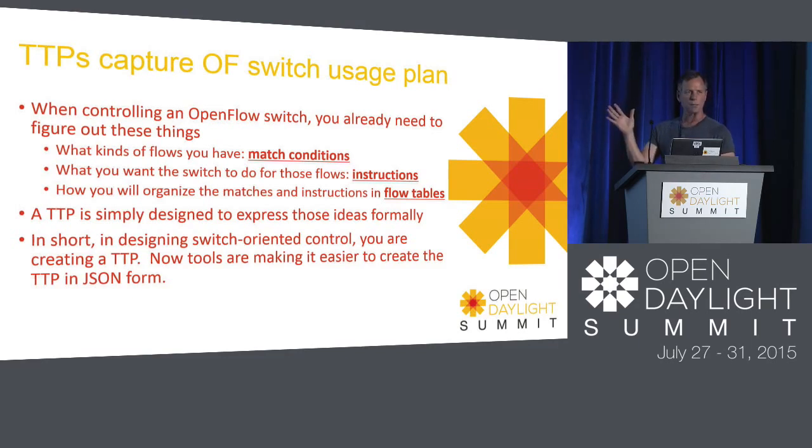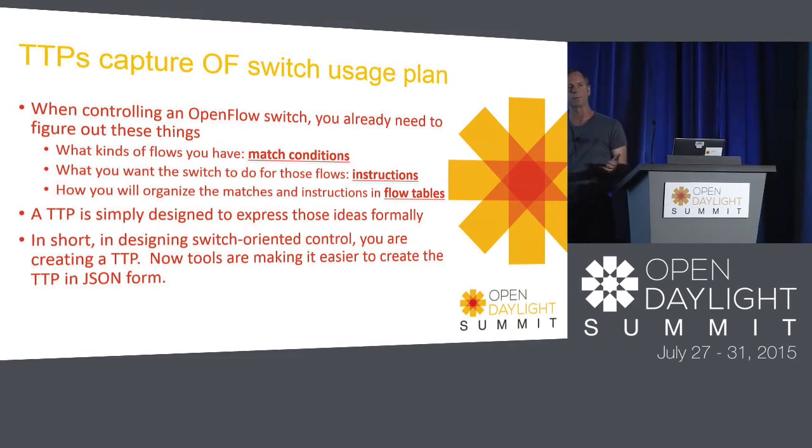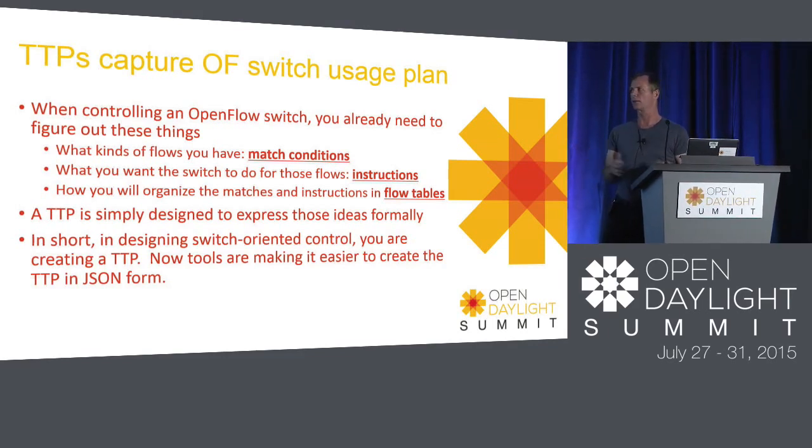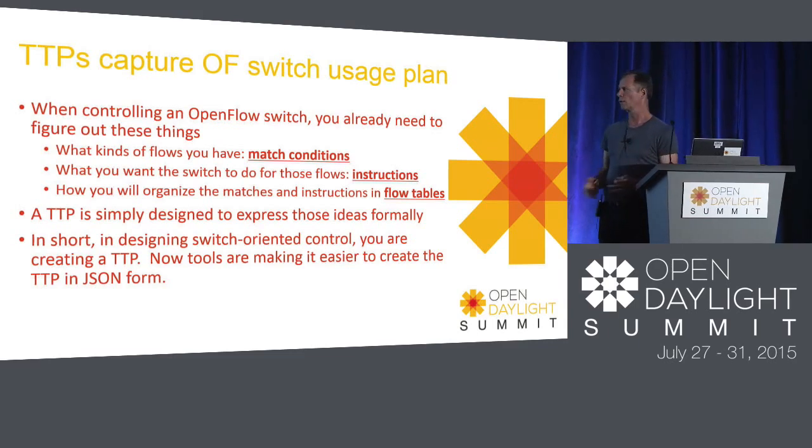Essentially what they do is capture what you have to do if you're going to control a device through OpenFlow. Even if the device does everything, you still have to figure things out. You have to figure out, okay, what are the match conditions that are going to define my flows? What are the instructions that are going to modify or manipulate those flows? And how am I going to structure this into different flow tables in OpenFlow?